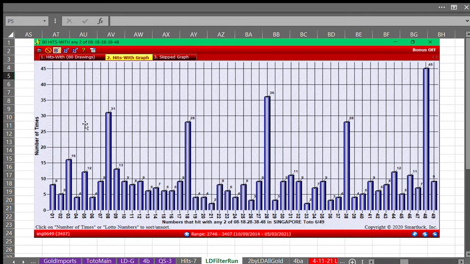So if you look at this, you can see that the number 3 here has hit 16 times. So if you were going to play these 5 8's in your wheel, you would most likely add the 3 because it's 16 hits. You'd add the 31 at 11 hits, the 44 at 12 hits, right? Now that doesn't mean that the 21 can't come out.